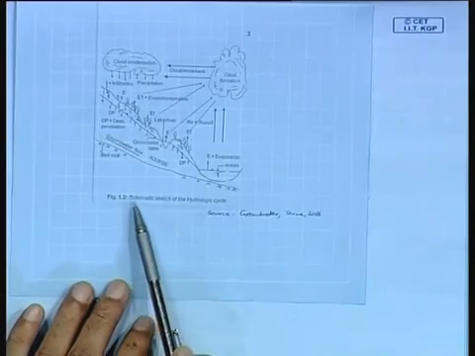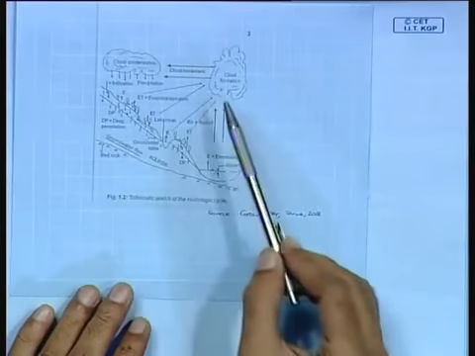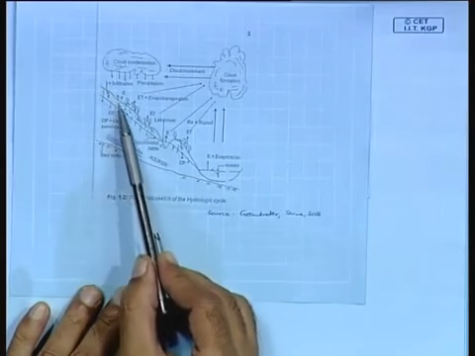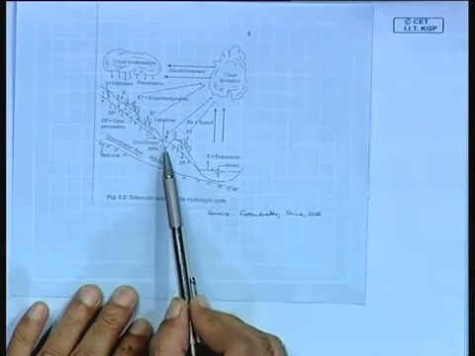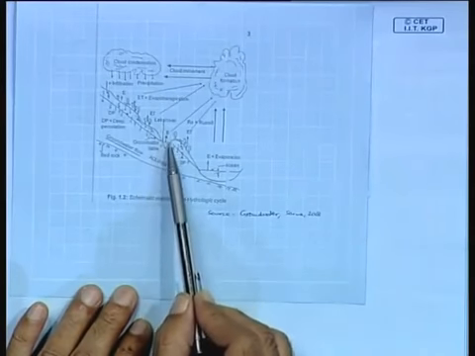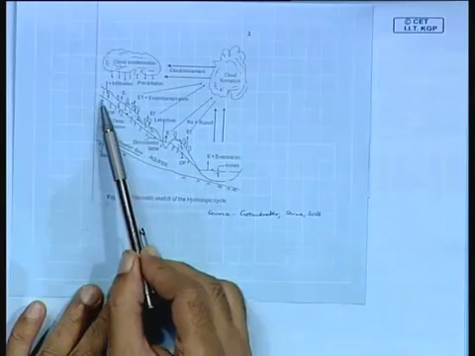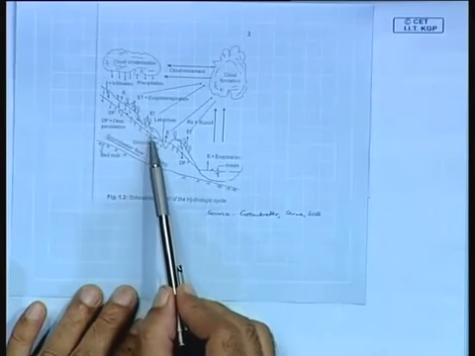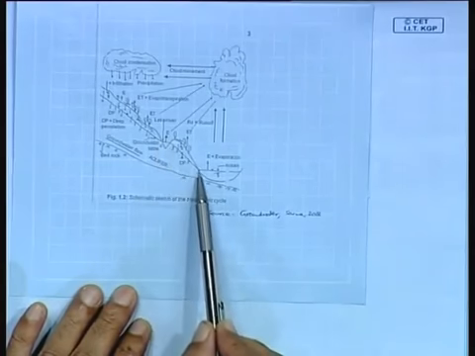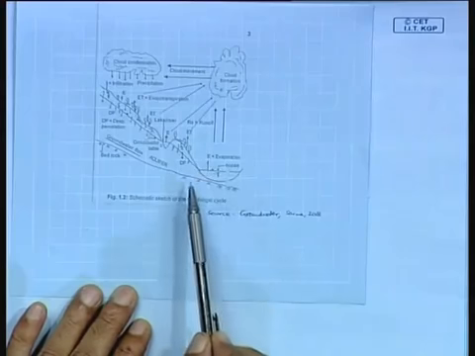Here, this is a schematic diagram, and as you can see, this is the ground surface, and this is a surface water body such as a lake or a river, and this is the groundwater table which represents the level of the saturated groundwater, which also joins the sea or ocean.